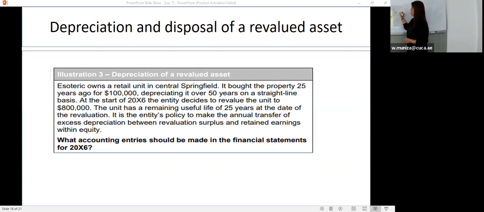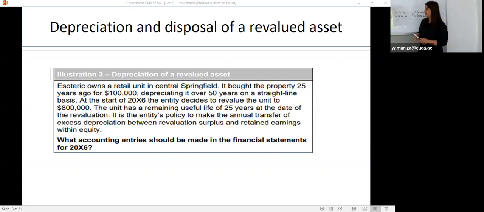Then for depreciation, debit depreciation expense account, credit accumulated depreciation account. That is for the new amount of depreciation on the revalued amount. Then the third accounting entry for passing the excess depreciation from the revaluation surplus to the retained earnings: debit revaluation surplus account, credit retained earnings account. These three accounting entries will be there.